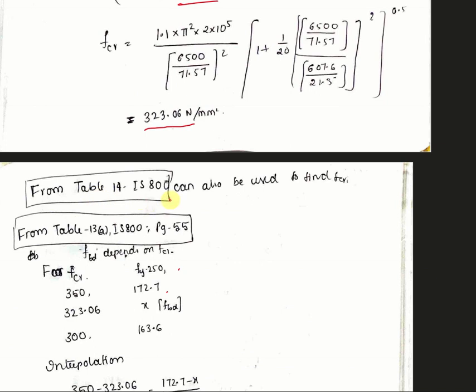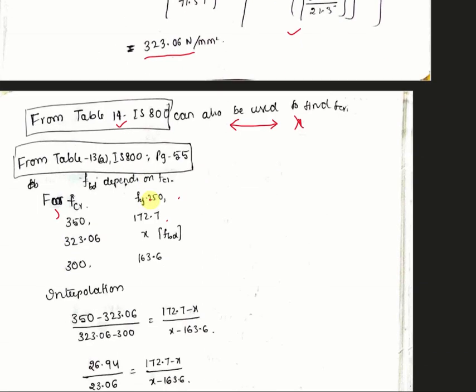Table number 14 of IS 800 can also be used to find fcr. We have already done a similar kind of way. There are two methods. This method we can use, or we can also find the KL by r value, the slenderness ratio, and find the fcr value by doing interpolation.